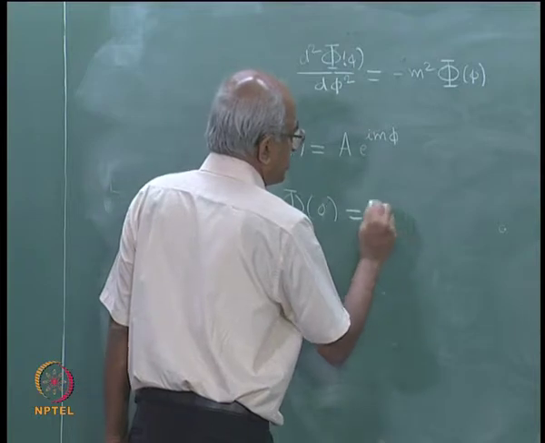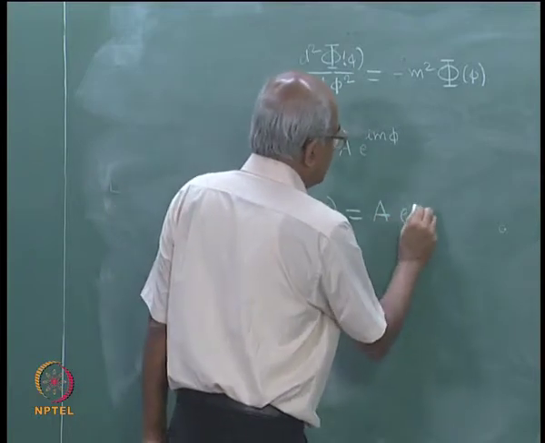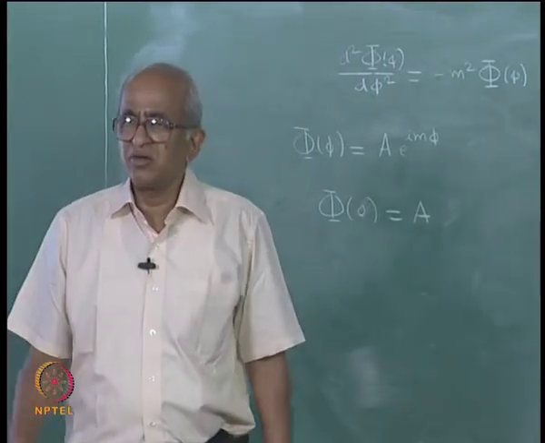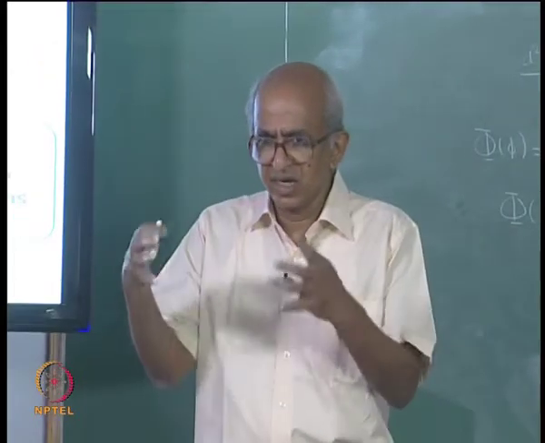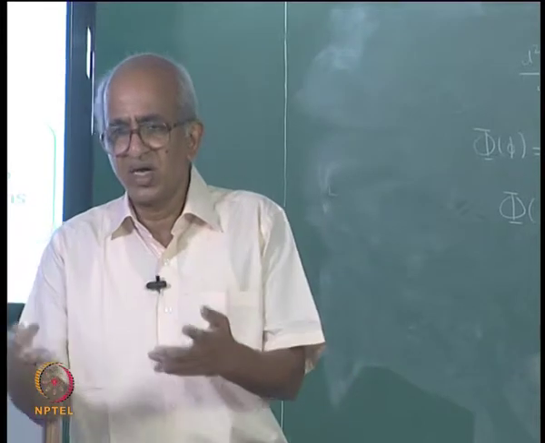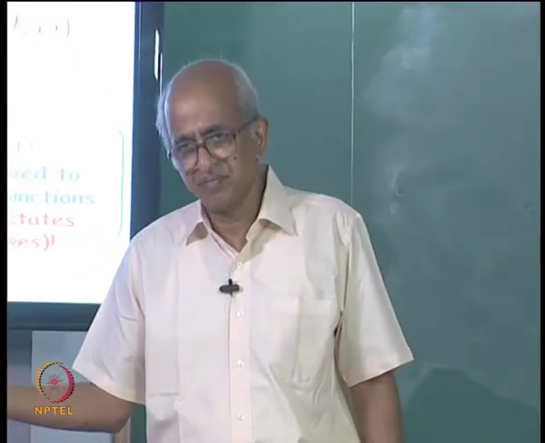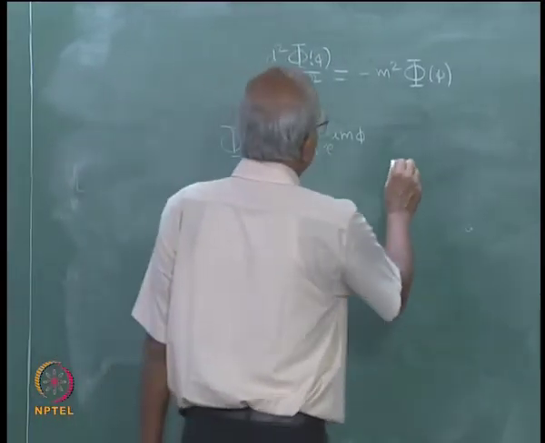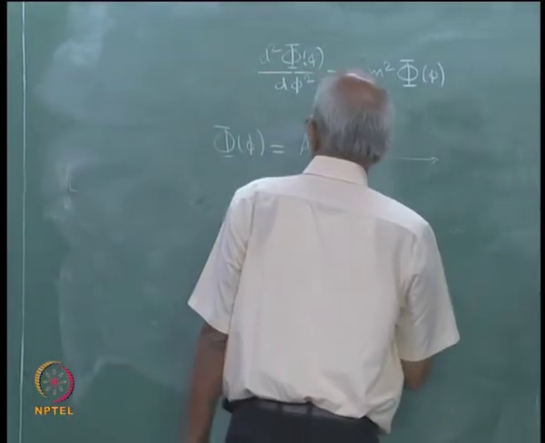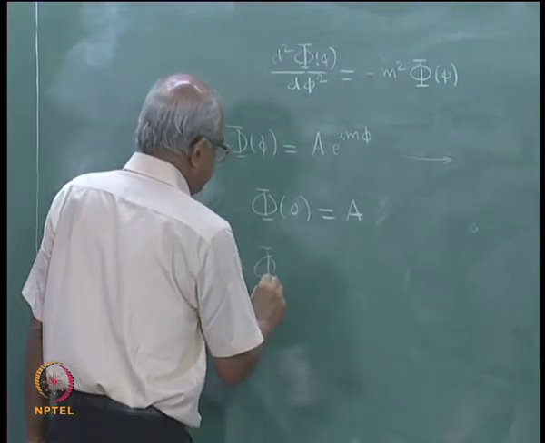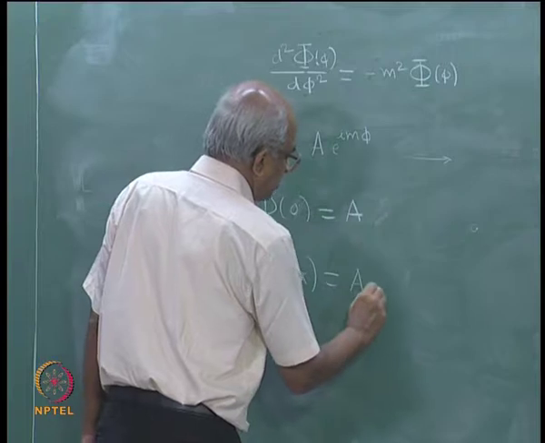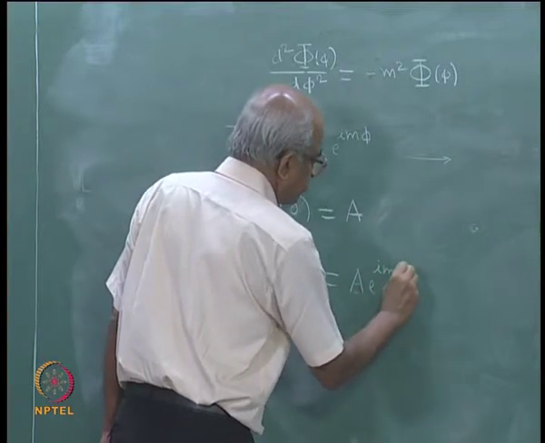I will get the answer to be a e to the power of 0, which obviously is 1. But one of you may say, no, I do not want that value of the angle phi, but I will put 2 pi, right. So, if you put 2 pi, what will happen? The answer that you are going to get will be a e to the power of i m 2 pi.